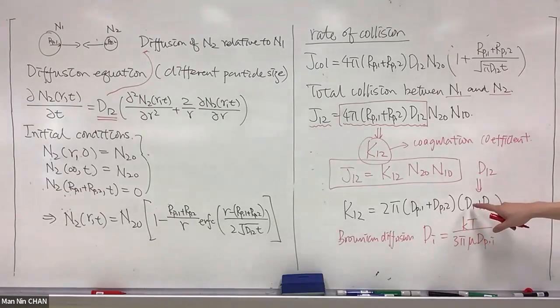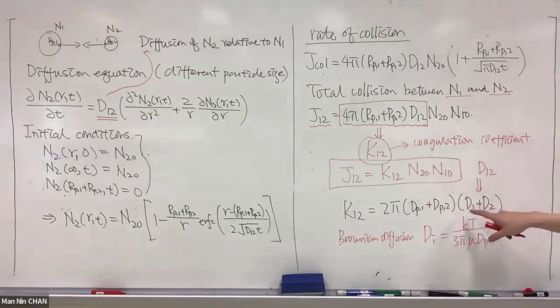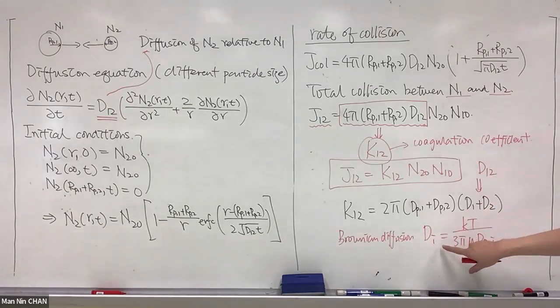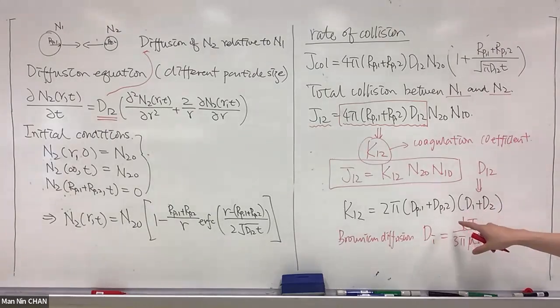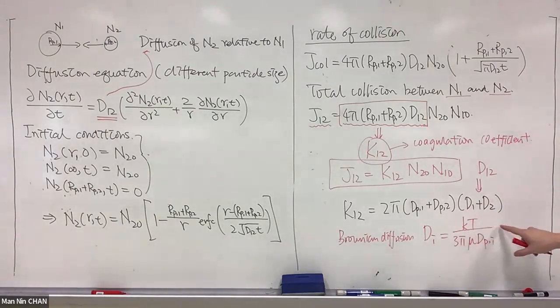So for this Brownian diffusion coefficient, or diffusivity Bi, will be just equal to kT. Remember, the small k here is the Boltzmann's constant times the temperature, and then you have this divided by 3 pi times the mu. Mu here is the same as the gas viscosity. I use a different symbol.